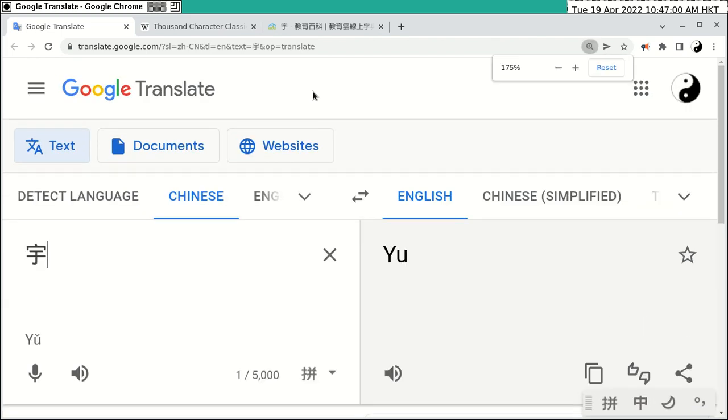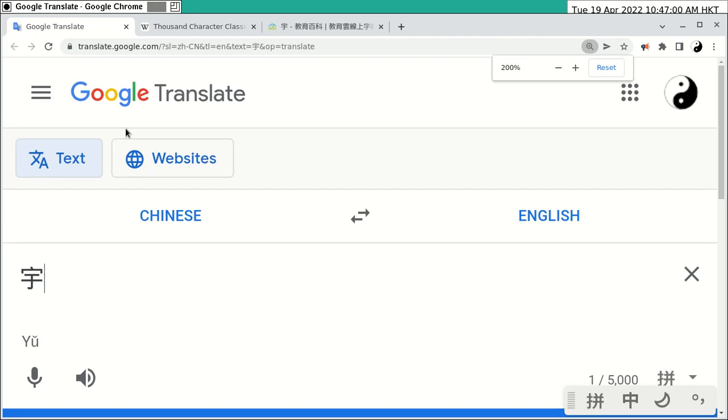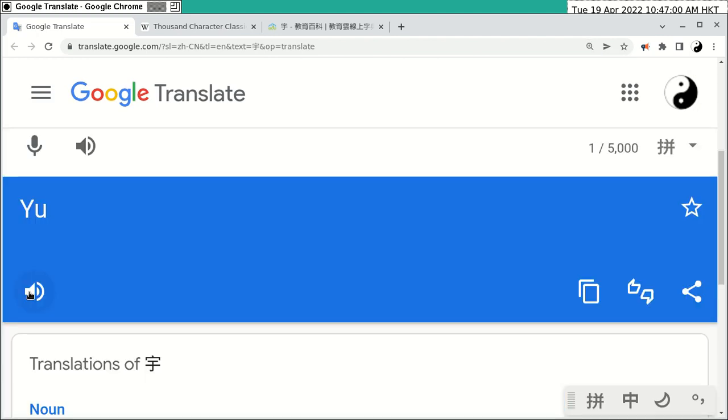In Google, the sound is not so precise, but anyway, it's acceptable. Yu. And the meaning, I mean the world.